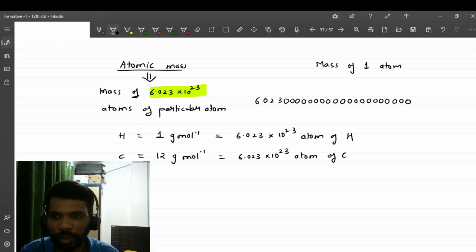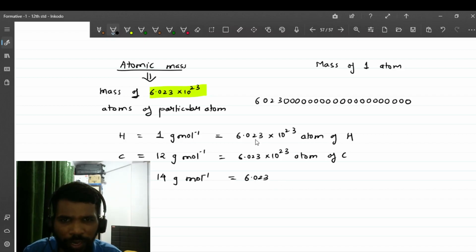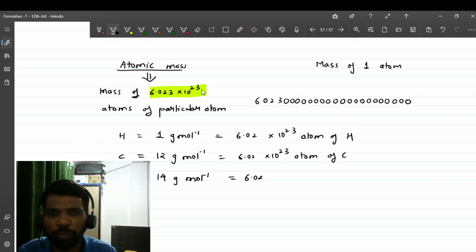So if we take nitrogen, its mass is what? 14 gram per mole, means it is 6.023. It's okay to take this to be 6.022 or 6.023. I am just taking this 23 because this is also 23 and this is also 23, right? So we'll take this to be 6.022.